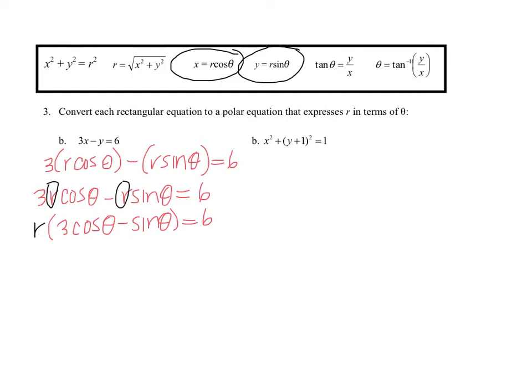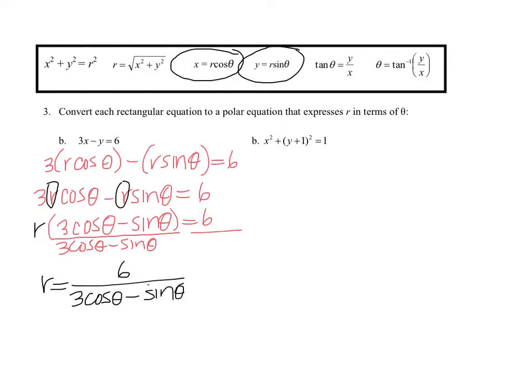Then I'm solving for r, so I'm going to divide both sides by 3 cosine theta minus sine theta, and I get r equals 6 all over 3 cosine theta minus sine theta. Once you have an equation that looks like r equals, then that's a polar equation.